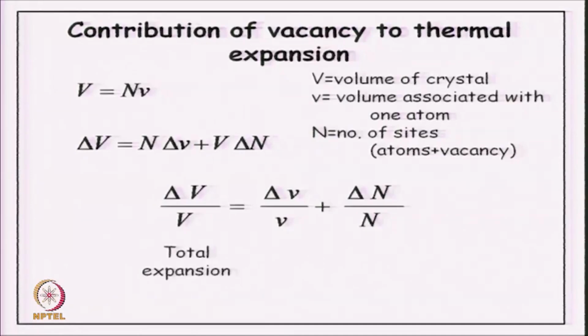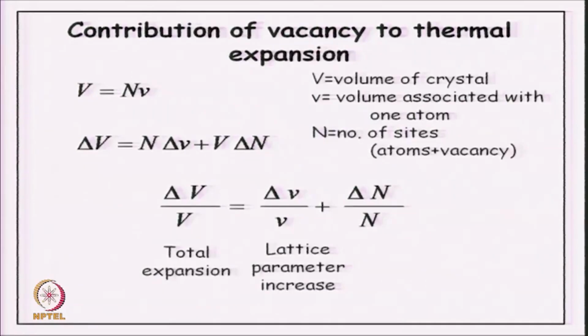The left hand side is of course the total expansion, but on the right hand side the first fraction will correspond to lattice parameter increase, because this little v is the volume associated with one atom. And how will the volume per atom increase? The volume per atom will increase only if the lattice parameter increases.